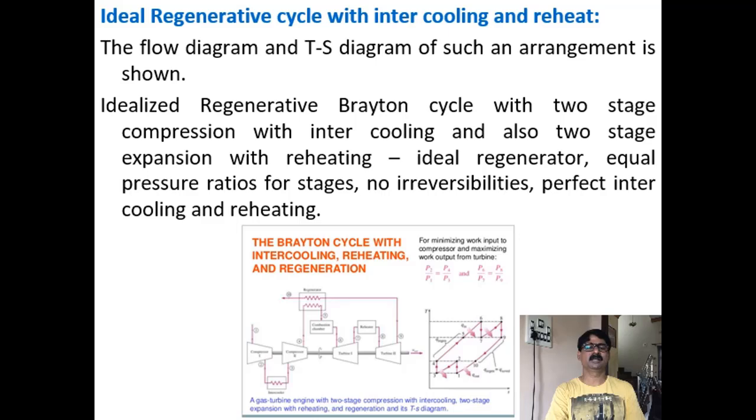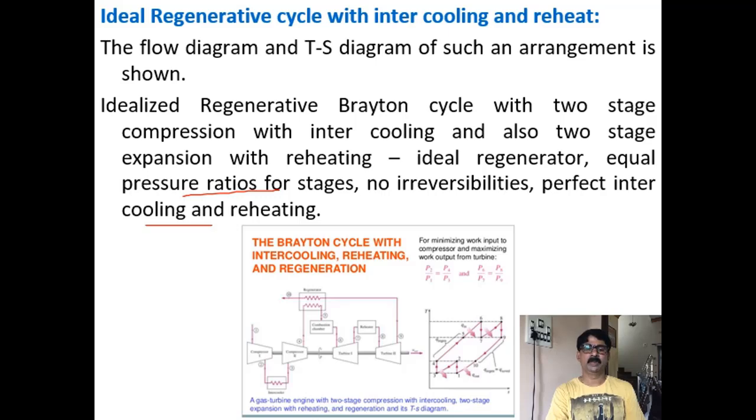Idealized regenerative Brayton cycle with a two-stage compression with intercooling and also two-stage expansion with reheating. Ideal regenerator, equal pressure ratio for stages, no irreversibilities, perfect intercooling and reheating. Whenever you talk about an idealized regenerative cycle, here it is having two-stage compression with perfect intercooling, two-stage expansion with perfect reheating, right, and equal pressure ratio for all the stages.